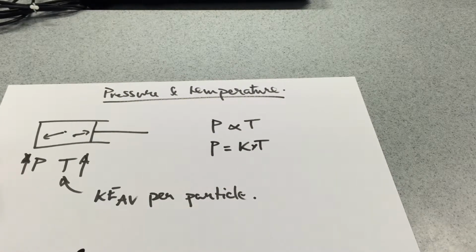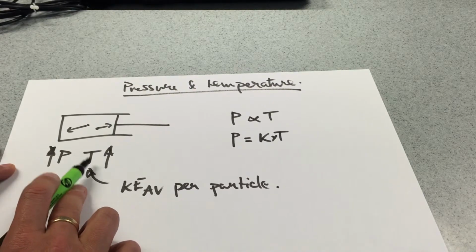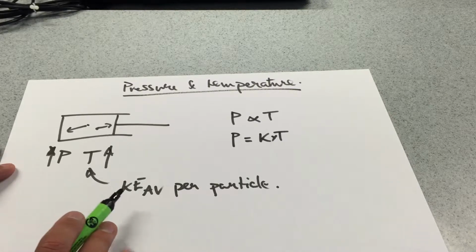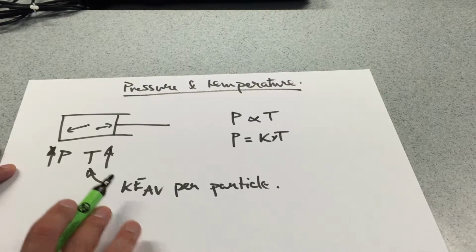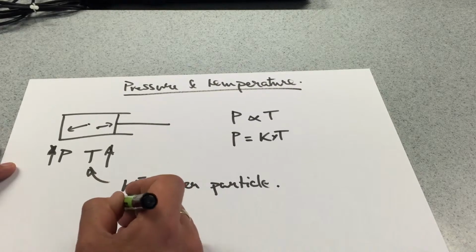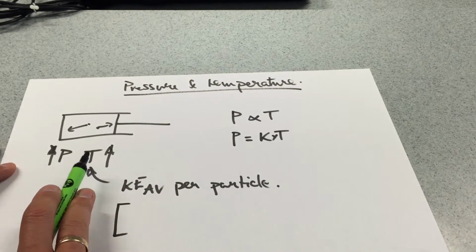So that's quite straightforward. However, it's probably worth saying that if the temperature is 0, then you have no kinetic energy of the particles, and therefore there is no pressure. However, at 0 degrees Celsius, particles are still moving.